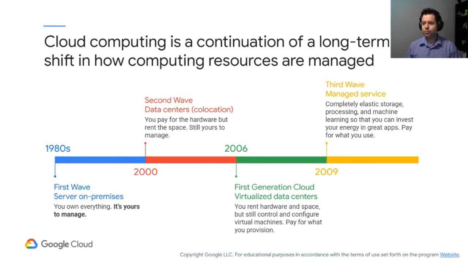But I wanted to give you a little bit of history here. Now, I'm not going to go through every single one of these points, but just consider that cloud computing is really an extension of renting other people's resources, right? So for the longest time, having your infrastructure on-prem, so on premises, was the important thing, right? You have your own servers, you have an IT staff to manage them.